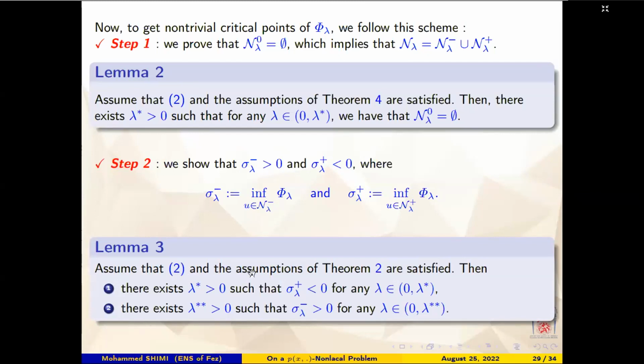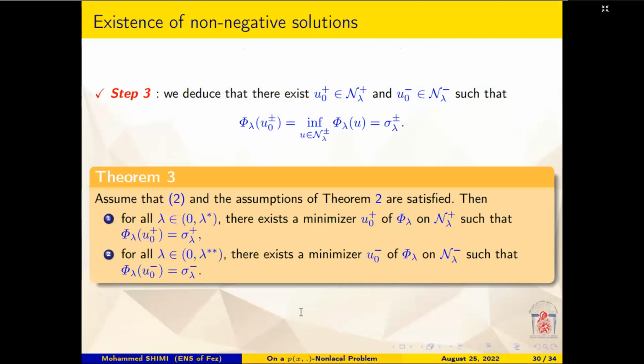So if we assume that the assumptions of theorem 2 are satisfied, then there exists lambda 1 star strictly positive such that sigma lambda plus is negative, and there also exists lambda 2 star strictly positive such that sigma lambda minus is strictly positive.